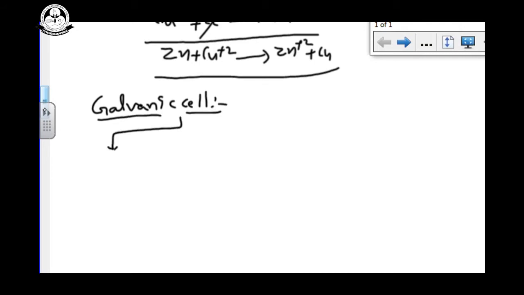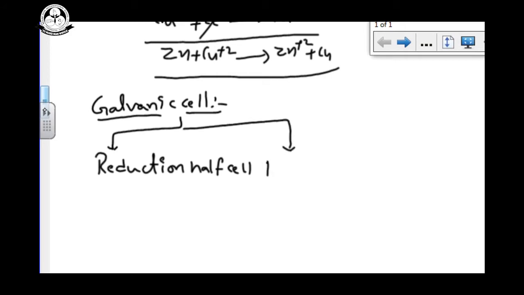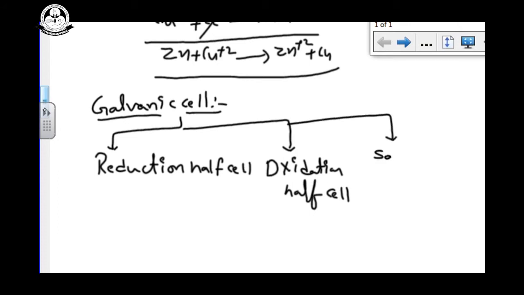First one is the reduction half cell, second one is the oxidation half cell, and third one is the salt bridge. We will discuss the parts individually, then finally combine them to get the galvanic cell construction.